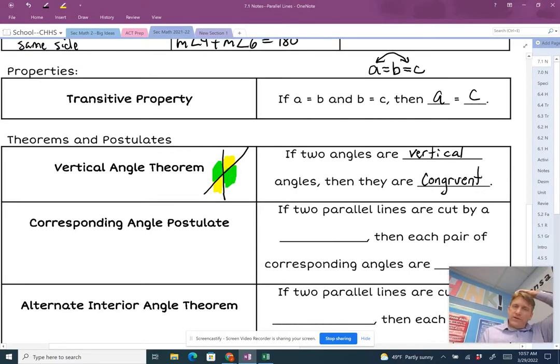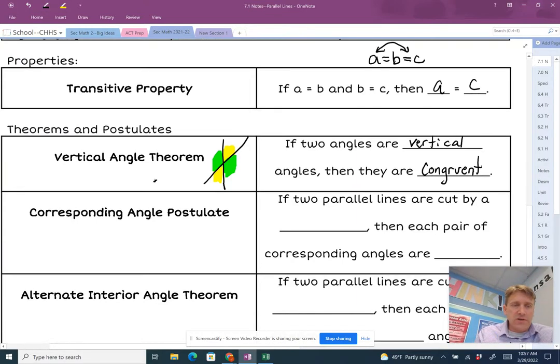And so if they're vertical angles, then they are congruent. So vertical angles are from intersecting lines. And it can be anything. It could be like this as well, or it could be straight up and down like that. The opposite pairs are congruent.